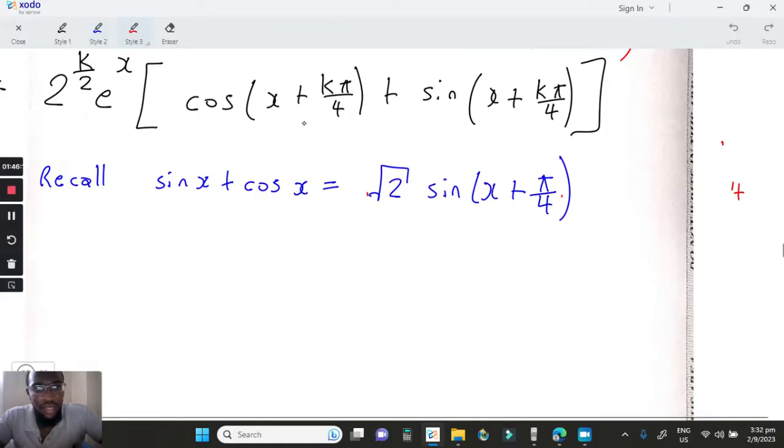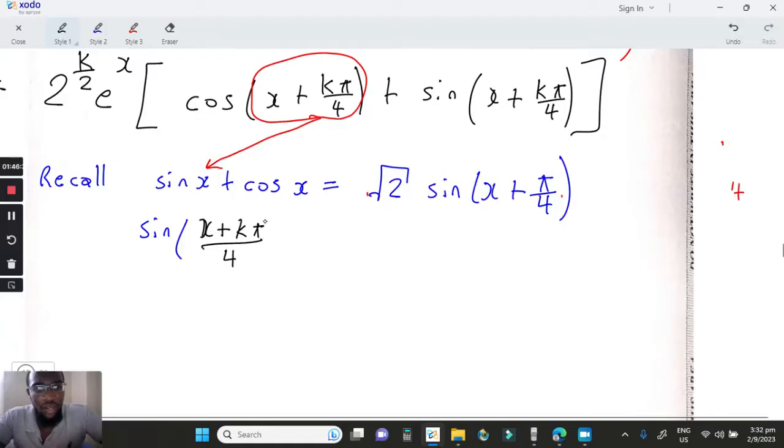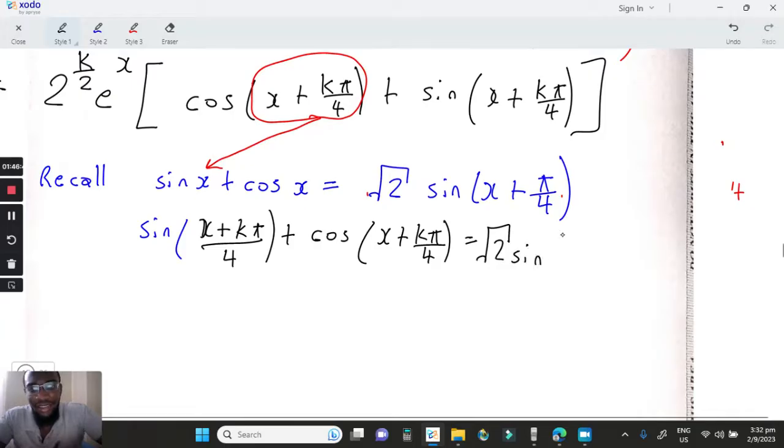Replace now all of this; all of this is gonna go where x is, all of this x plus k pi over 4. If we replace all of that right there, then what we're saying is sin(x plus k pi over 4) plus cos(x plus k pi over 4) is equal to root 2 sin, in bracket where x is, we put x plus k pi over 4 plus pi over 4.